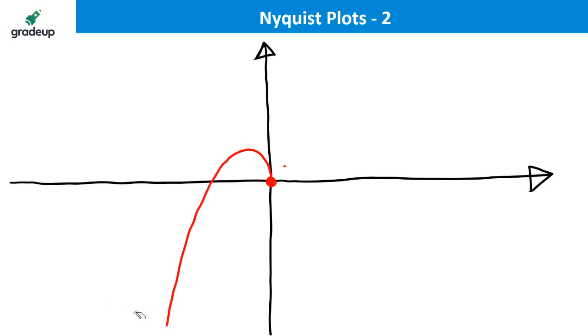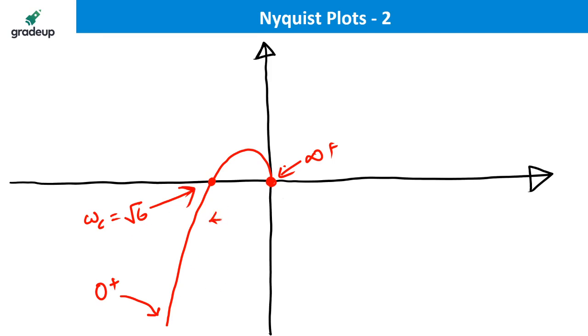This is the 0 plus point. This is infinity plus, and this is your critical frequency, omega c equal to root 6, where I cut the coordinate axis.